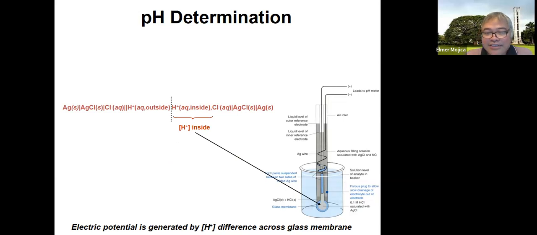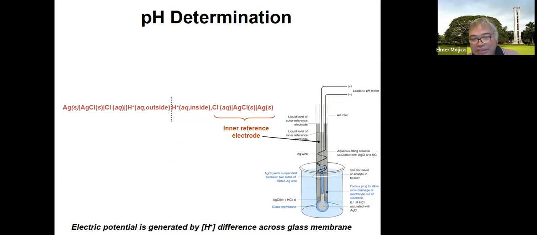In addition, you have the chloride in the inner reference electrode. So the reference electrode that you have is the chloride, on this part and this part. But the one you're really measuring is the difference between this and this one.